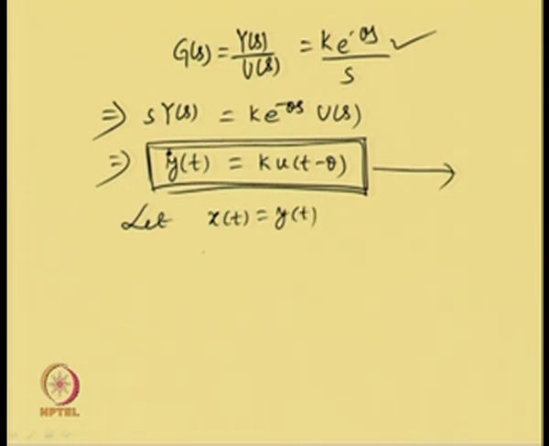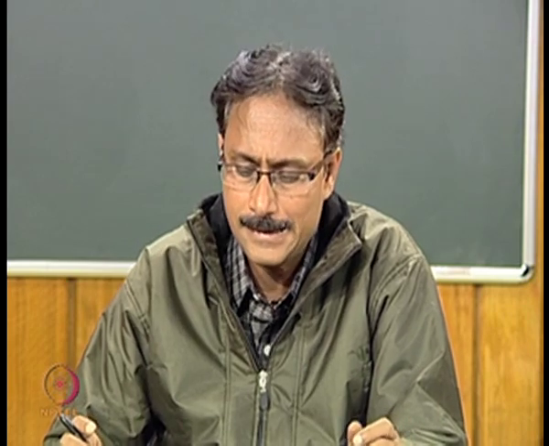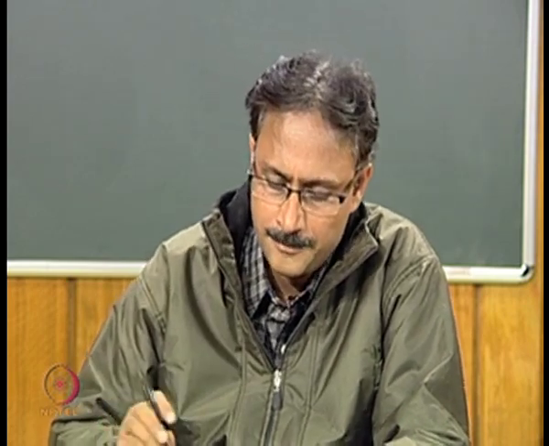Then the output equation, which assumes the general form y(t) = c x(t), is given by, in this case, x(t), thereby c = 1. So, one parameter of the state equation, c, is equal to 1. We are getting scalar values because the order of the system is 1. When the order of the system is high, in that case c will be a vector.